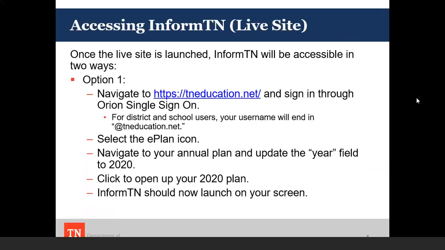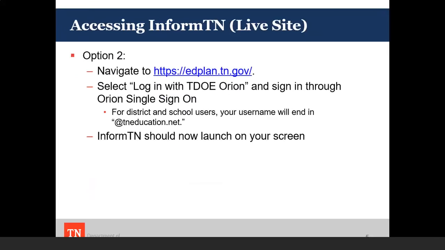Option one is on the screen right now. It involves going to tneducation.net and signing on through single sign-on, selecting the ePlan icon, and then navigating to your annual page for 2020 to open up your plan. The second option is just going directly to edplan.tn.gov.